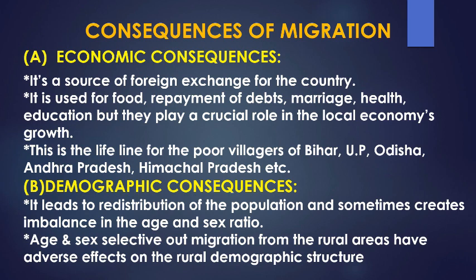For thousands of poor people living in villages of Bihar, Uttar Pradesh, Orissa, Andhra Pradesh, Himachal Pradesh, remittance works as a lifeline for their economy. Unregulated migration has caused overcrowding and development of slums in cities.